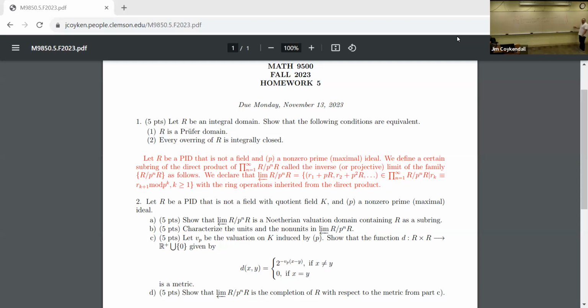It's uncountable. Anybody want to guess how you can characterize the units of this? This is kind of helping with the homework, I guess. Each coordinate. Right, that is correct. It would certainly have to be a unit in each coordinate, but there's a simpler way now that you've made that observation.